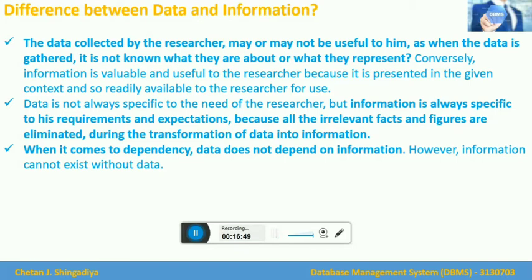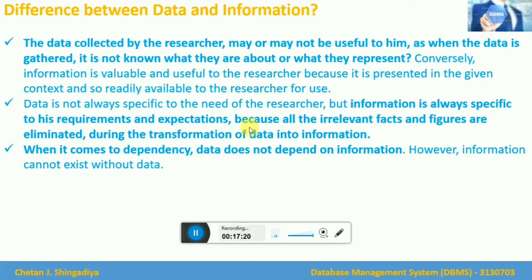The data collected by the researcher may or may not be useful to him, because when data is gathered it is not known what it is about and what it represents. Conversely, information is valuable and useful to the researcher because it is presented in a given context and is readily available for use.